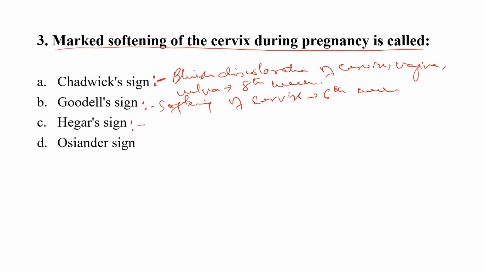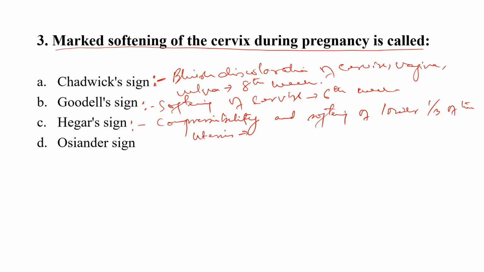What is Hegar sign? Hegar sign is characterized by the compressibility and softening of the lower one third of the uterus, and this Hegar sign can be demonstrated between 6 to 10 weeks of pregnancy.